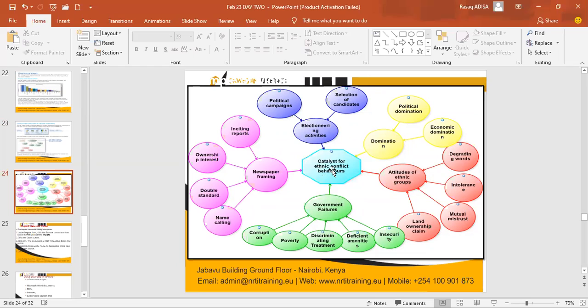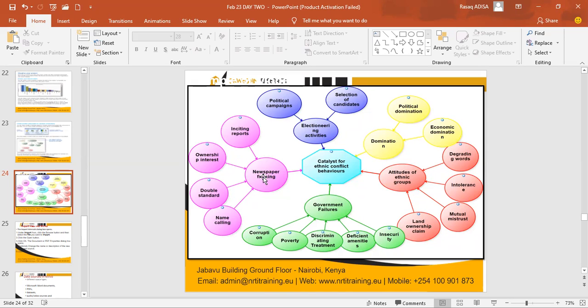The research wants to know the catalyst. What are the causes? What are the reasons? What are the things that propel ethnic conflict behavior? That is what the study is all about. In the course of doing it, look at the one in pink, the study discovered that the way newspapers frame their stories can cause problems, especially during elections, sensitizing and raising alarm unnecessarily.